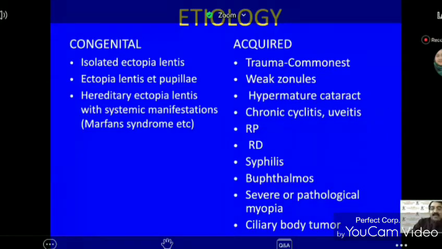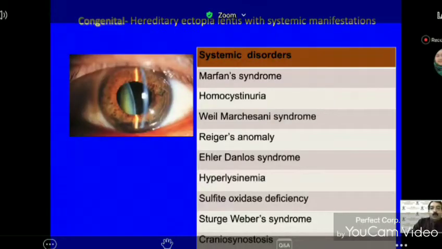The list is quite a long one. The systemic disorders one needs to keep in mind can be Marfan syndrome, homocystinuria, Weill-Marchesani, Rieger's anomaly, Ehlers-Danlos, hyperlysinemia, sulfite oxidase deficiency, Sturge-Weber, or craniosynostosis.